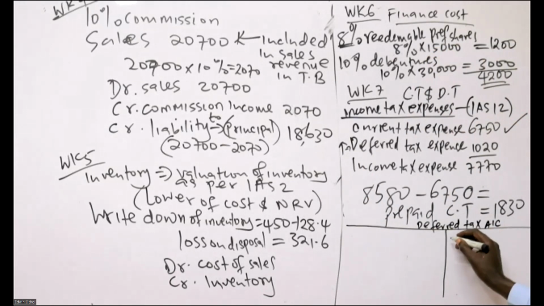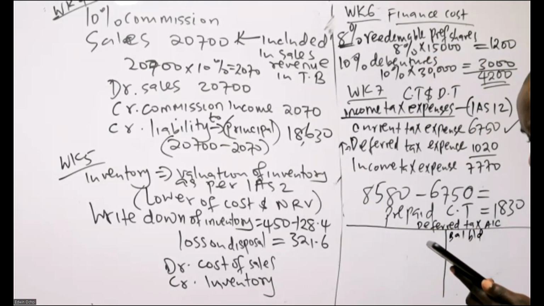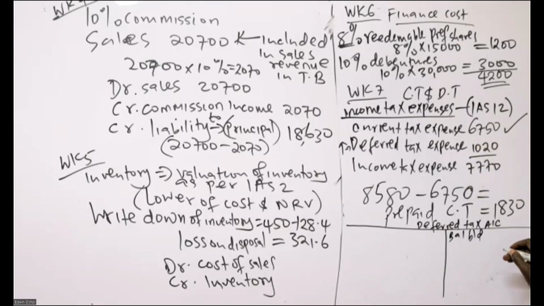So the balance brought down is from the trial balance, 8490. Then after this 8490, remember that there is revaluation.